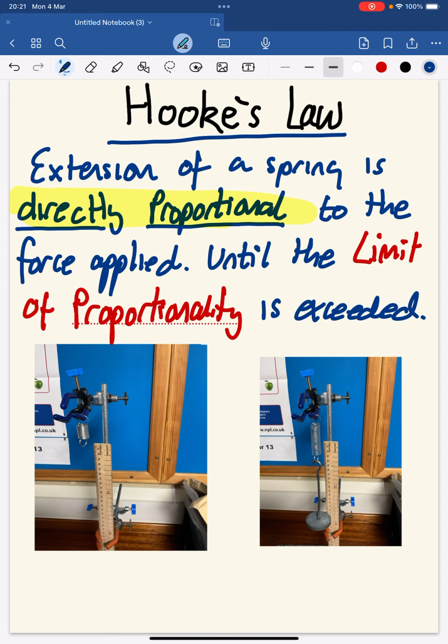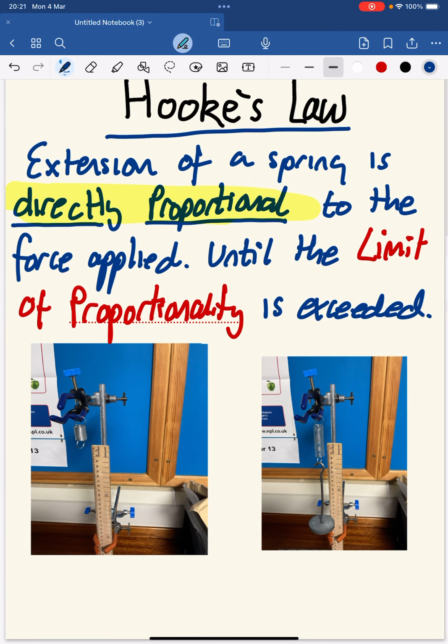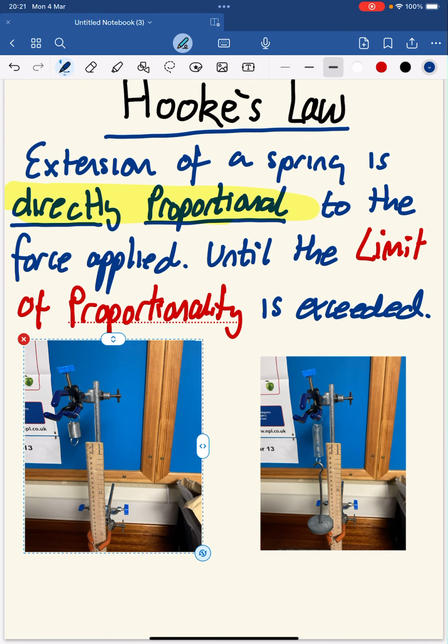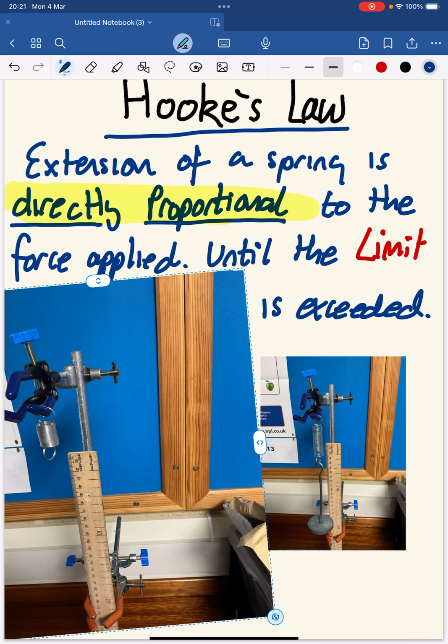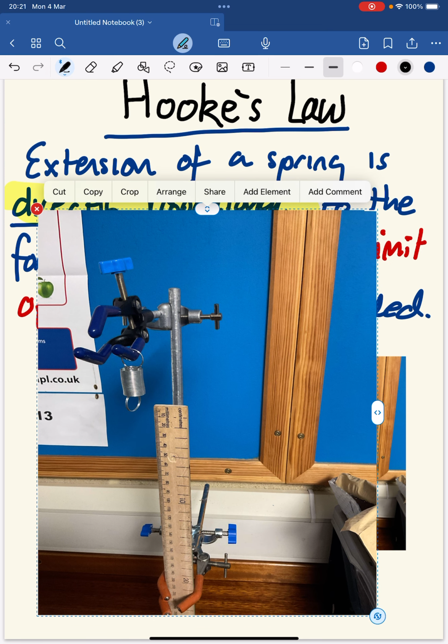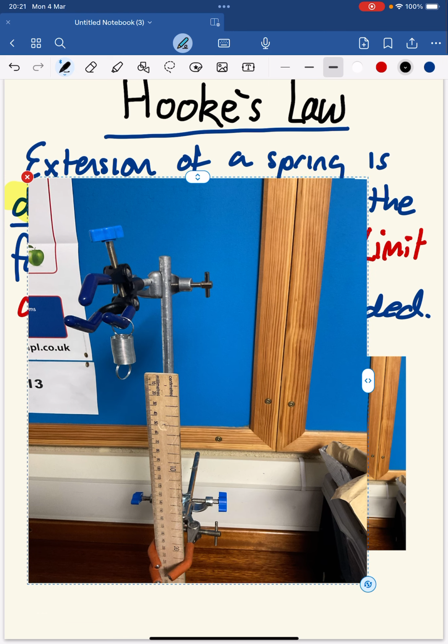Now we're going to look at a graph about what that looks like, but let's just go to the required practical, a practical that potentially you would have done, and it would look something like this, where you had a clamp stand, just here, there's your clamp stand, with a boss, and a clamp, and a spring over the boss.